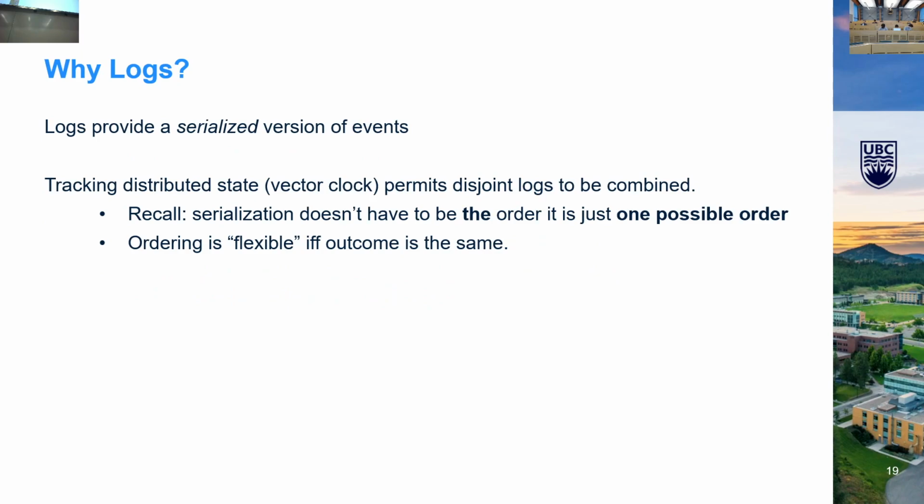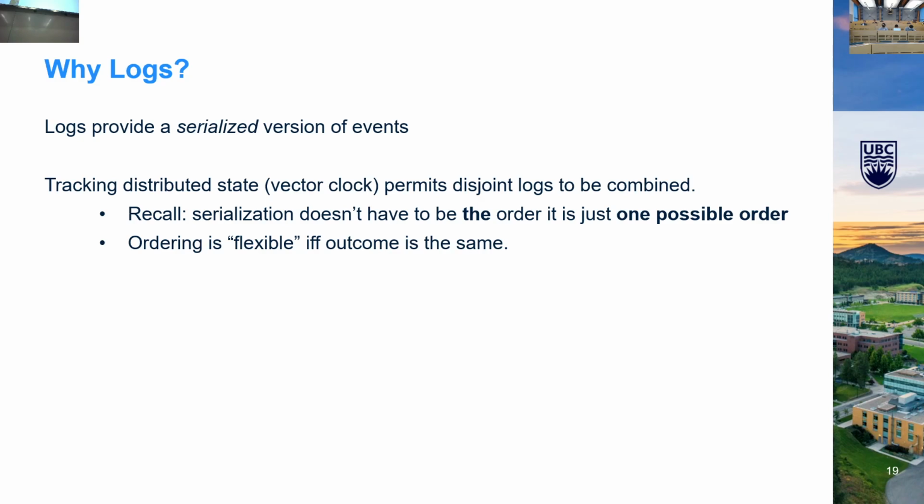Logs provide us with this nice serialized version of events. I already said that, but you have to put it in writing too. And you pretty much have to repeat things three times before it will stick once. We can track distributed states, such as with a vector clock, to allow us to merge disjoint logs. Serialization doesn't have to be the order in which things actually happened.